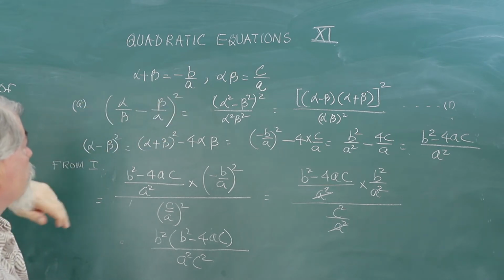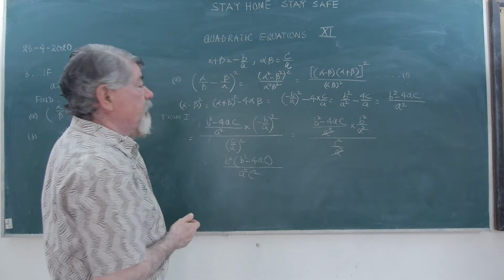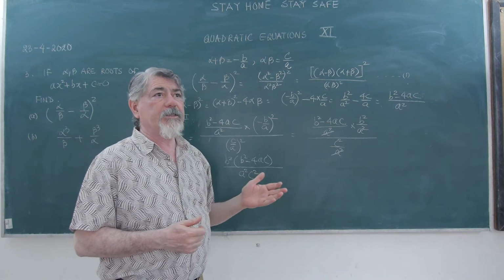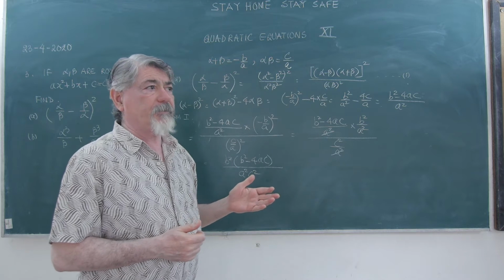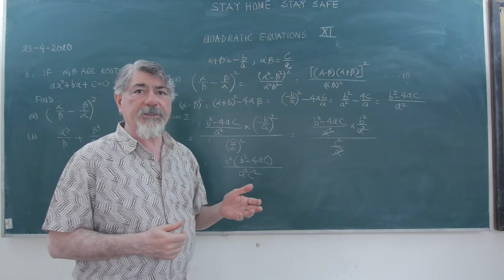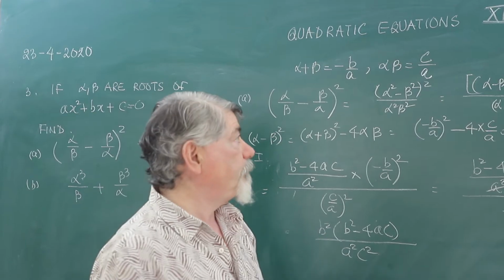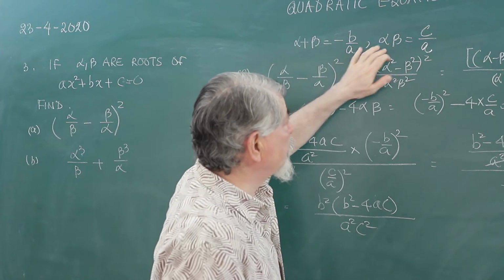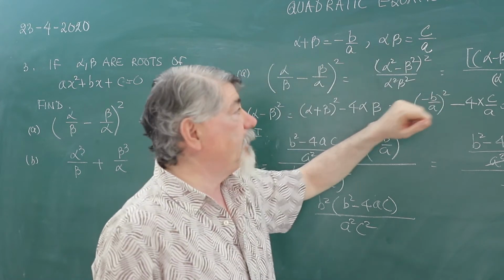Number 1. So if equation is ax square plus bx plus c is equal to 0, then the sum of the roots will be minus b upon a, and product of roots alpha beta will be equal to c upon a. Now on the basis of these two, we'll solve the remaining question.